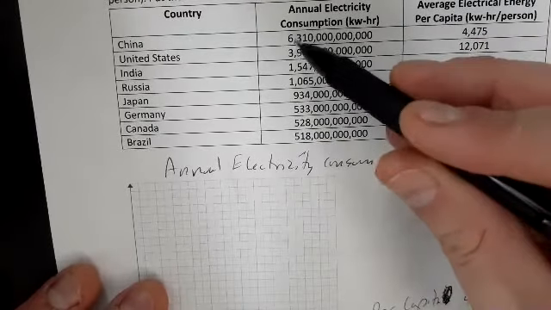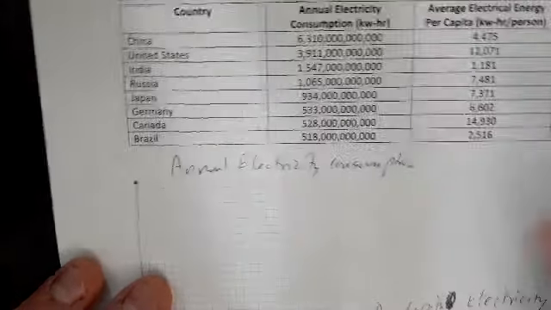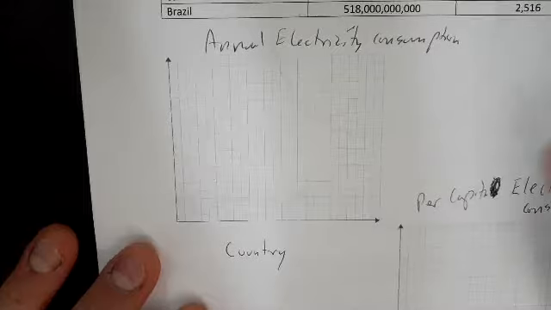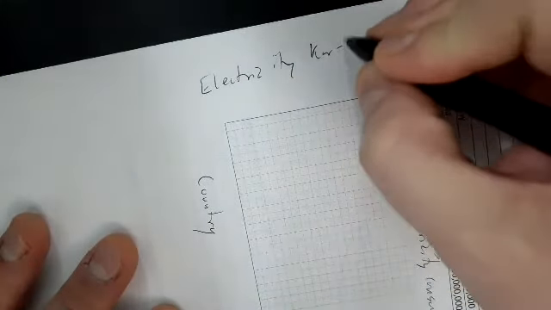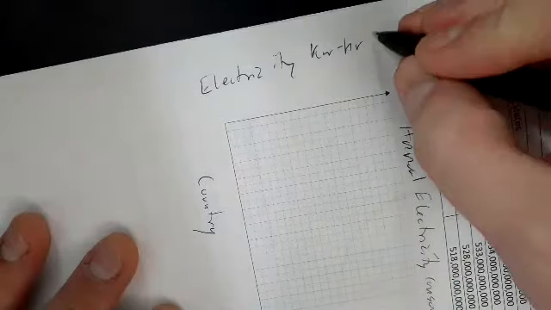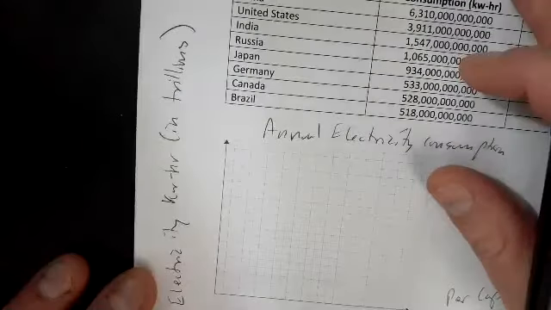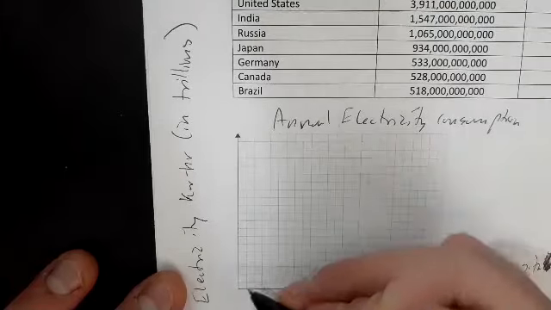If I'm going up to 6 trillion, and this is about a half trillion here, then this is going to be my electricity in kilowatt hours in trillions. So I'm going to do my y-axis in trillions, and I need to get up to 6 trillion.